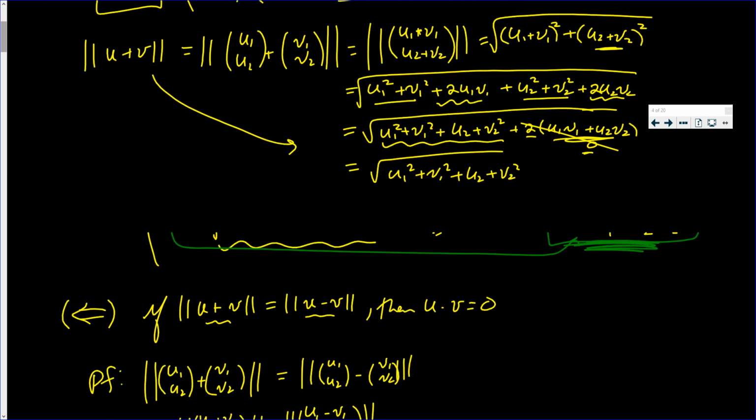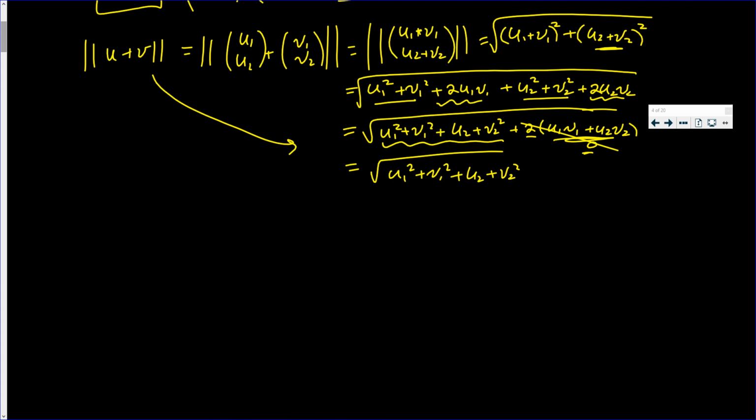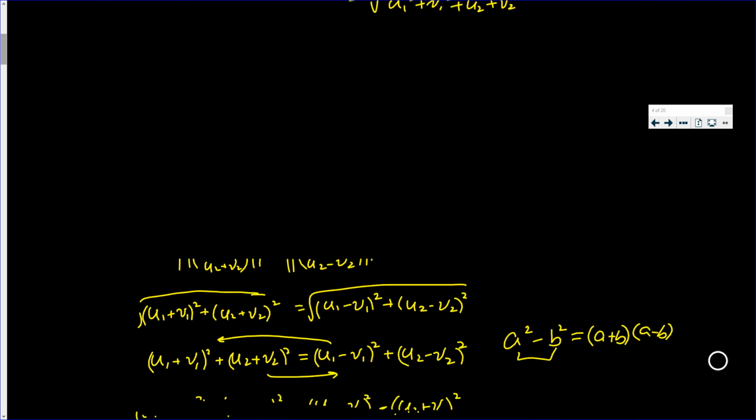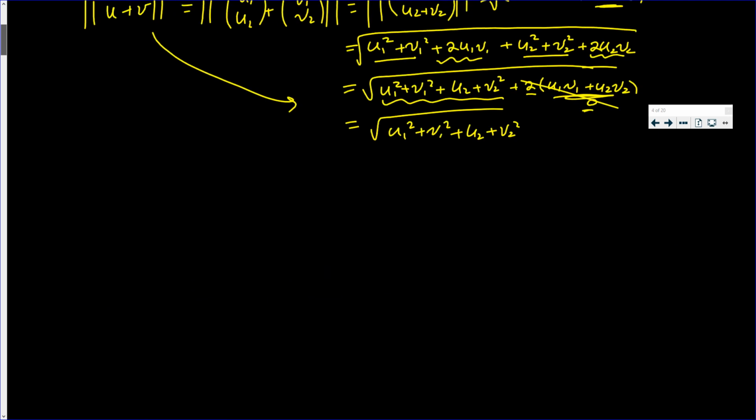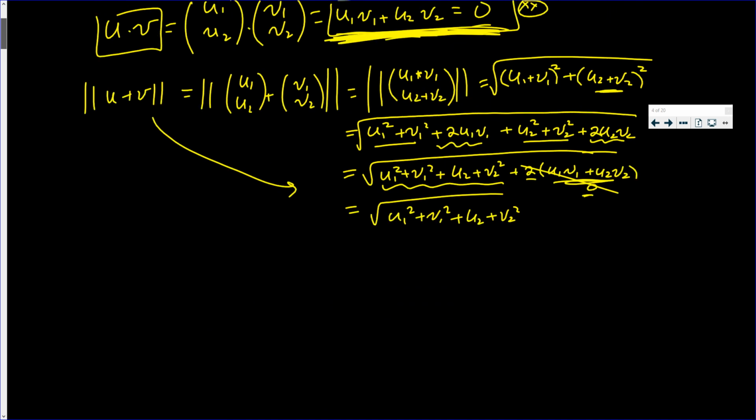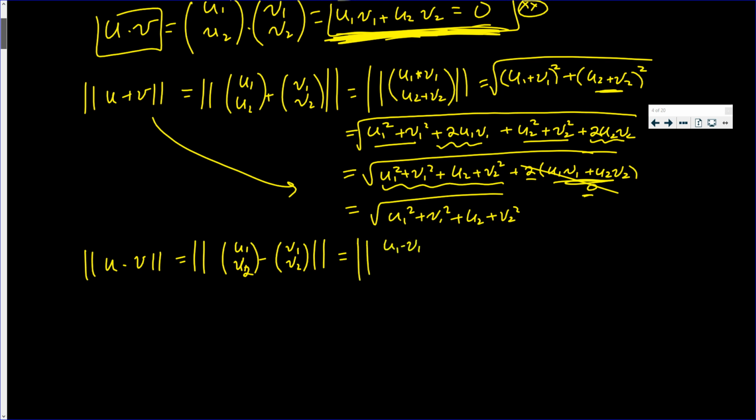Okay, so now let us figure out the length of u minus v. This is the length of (u1, u2) minus (v1, v2), so it's just the length of (u1 minus v1, u2 minus v2).